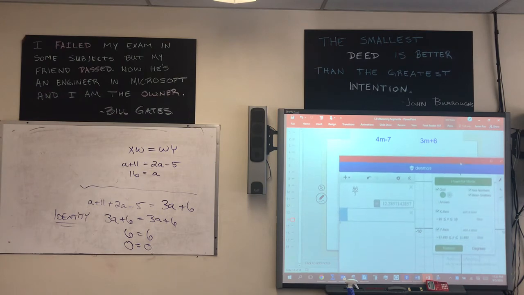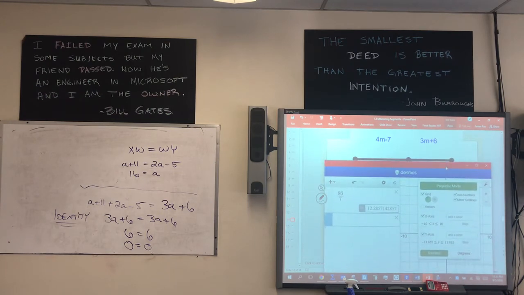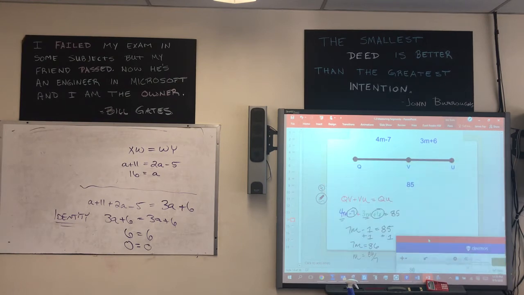Okay, now let's work through this real quick and see if that does provide me with 85 as a total. I'm going to plug in my solution of 86/7 to that m right there and that m right there.